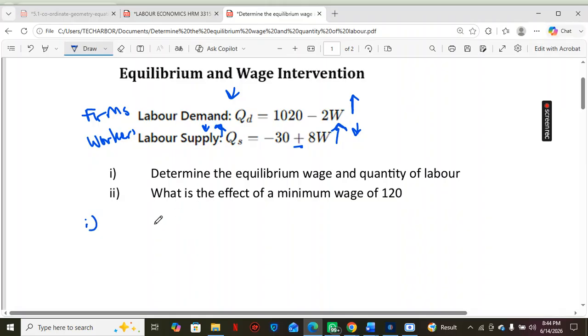First thing you need to do is equate quantity demanded to quantity supplied, or equate the labor demand function with the labor supply function. So you're going to say 1020 minus 2W equals negative 30 plus 8W.